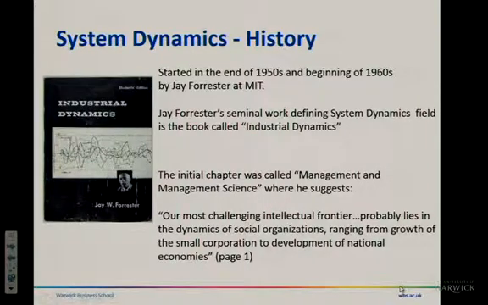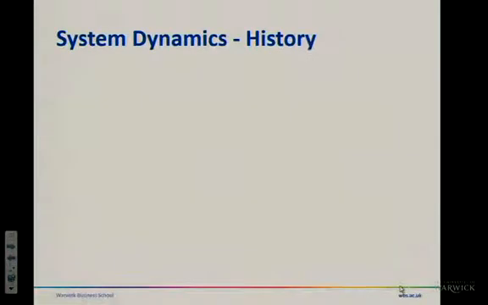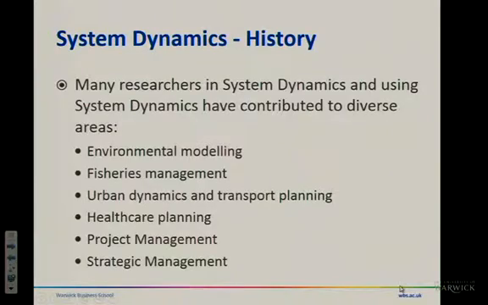So after this book, Jay Forrester had quite a number of PhD students and quite a number of projects. I think the most iconic project, which is still quite controversial but nevertheless robust in terms of the system, is that in 1971 he developed a model of the world.